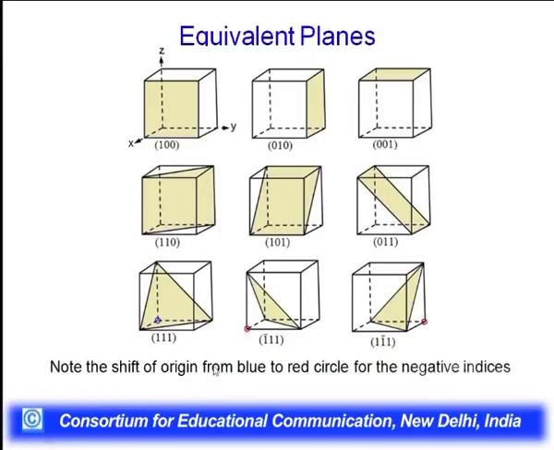All depend upon the intercepts at the three different axes. In this plane we have 1, 1, 1. Here we have the negative, means the origin is shifted from blue to red in this circle, and here we see that this is the positive plane and this is the negative, means the x-axis has the negative sign, and here the y-axis has negative indices.